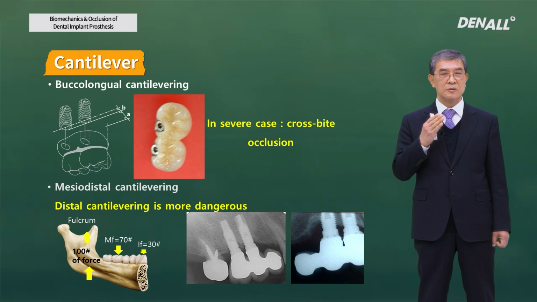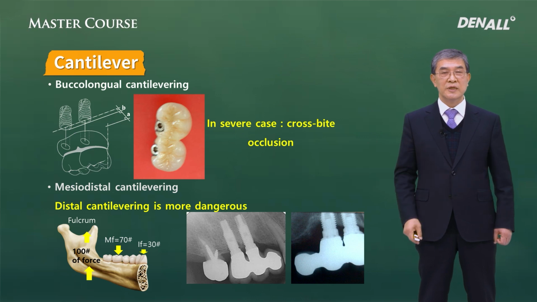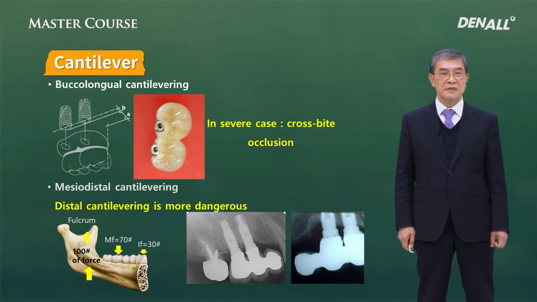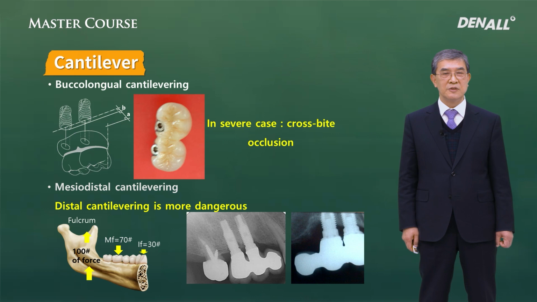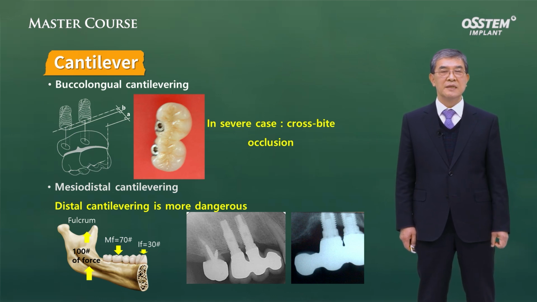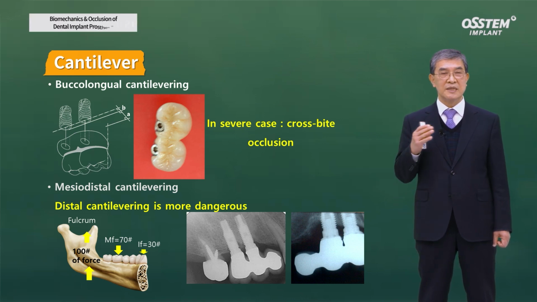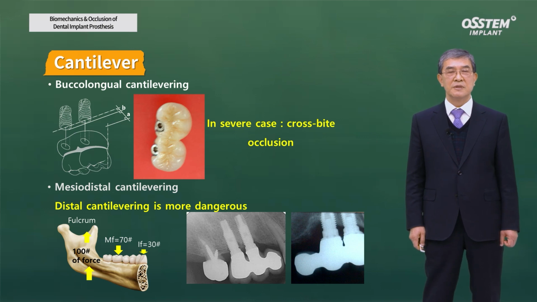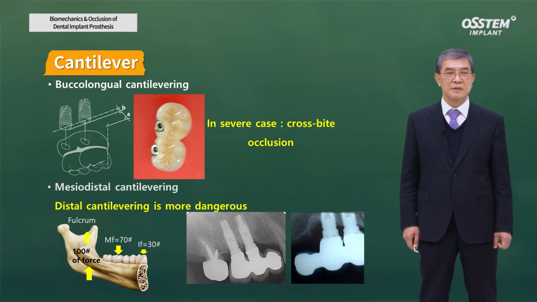If you make a prosthesis on top of the palatally positioned implant, as shown on the image, cantilevering could be excessive. So when people chew, bending moment can occur. In this case, you need to make it cross-bite if the patient does not have aesthetic issues. So the mandibular would protrude out and the upper will be retruded to reduce the cantilevering effect.